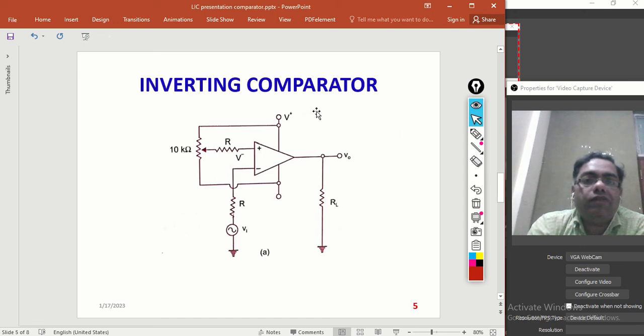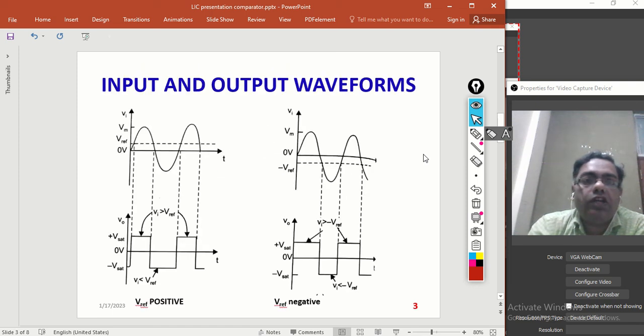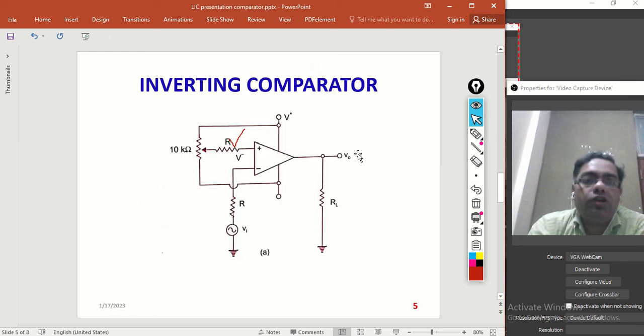Now this is the inverting comparator. The previous one that we did is the non-inverting comparator, because the input signal is applied to the non-inverting input. But when we apply the input signal VI to the inverting input, and the reference voltage is at the non-inverting input, it is an inverting comparator.